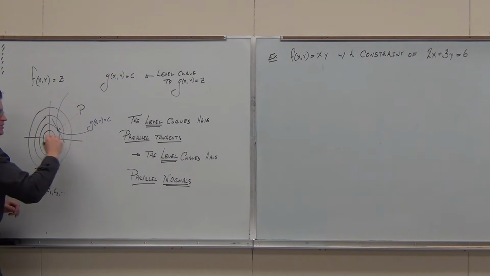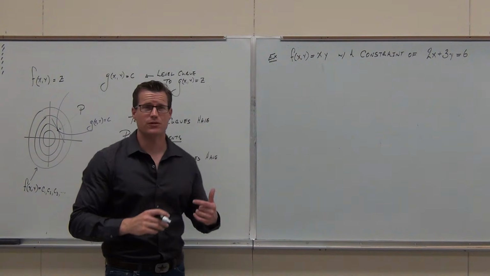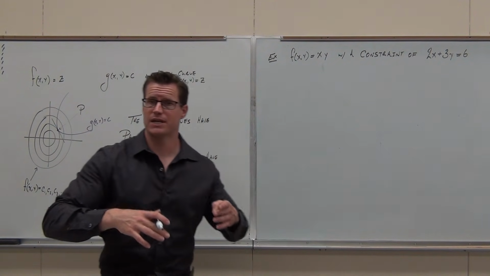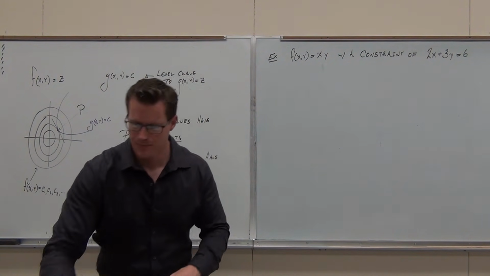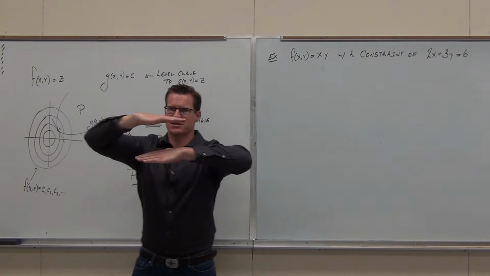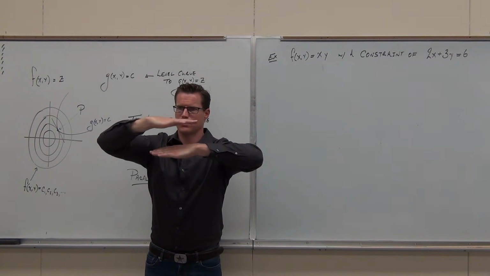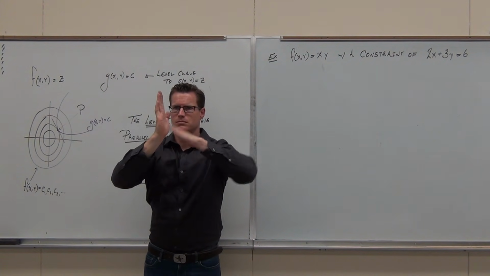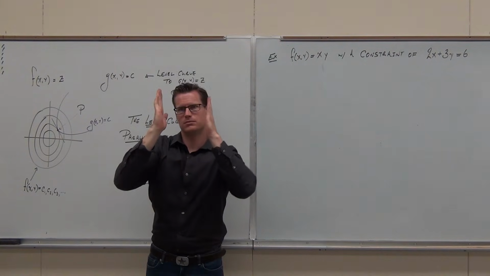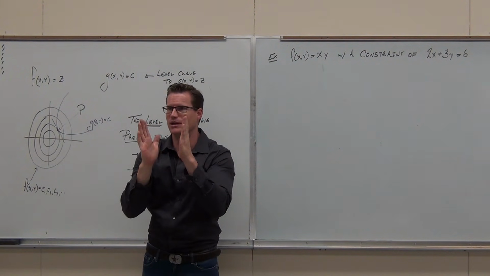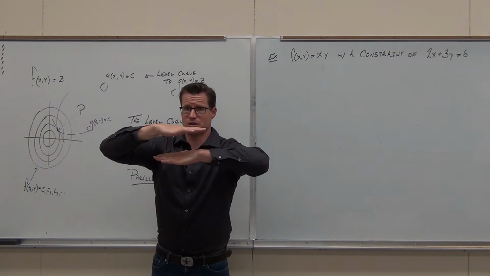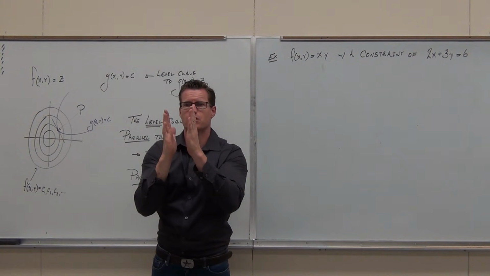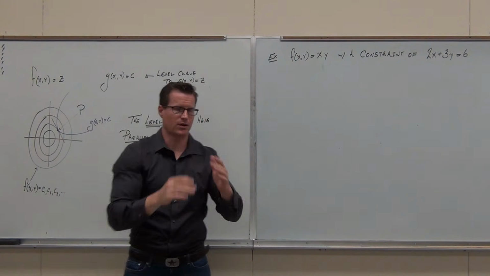You say common tangent or parallel tangents. However, if the level curves have parallel tangents, think about this. If you have parallel tangents that are like this, are your normals also parallel? Yes. So if your tangents are parallel, the level curves also have normals that are parallel.